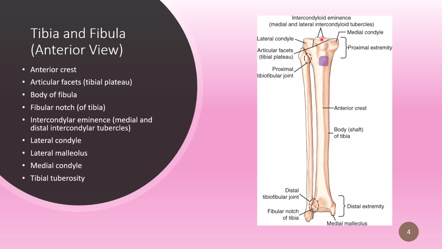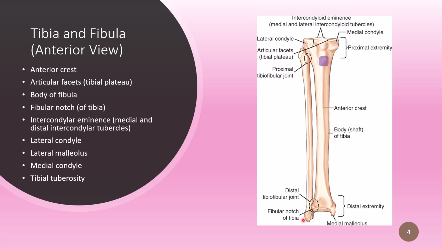The tibial plateau is this whole thing right up here. The lateral condyle is right here, and then we have the medial condyle right here. So this is where the knee joint would be formed.